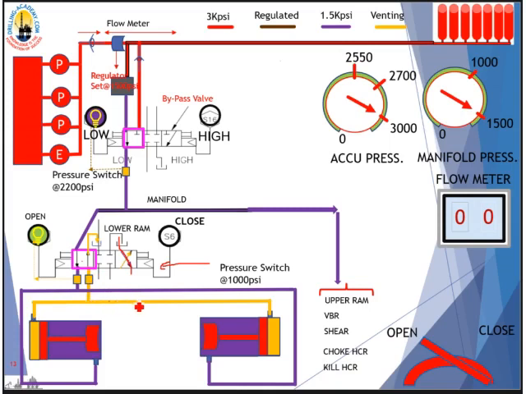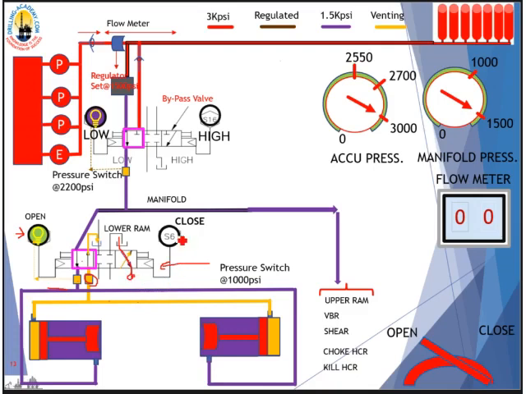The opening lines will change state from vent to pressurized. The closing line will change state from pressurized to vent. So therefore, the pressure switch here on the closed line will stop sending the signal to the light bulb, and the green light bulb on open will be off. The pressure switch on the open line here will sense the 1,500 psi fed through it here.